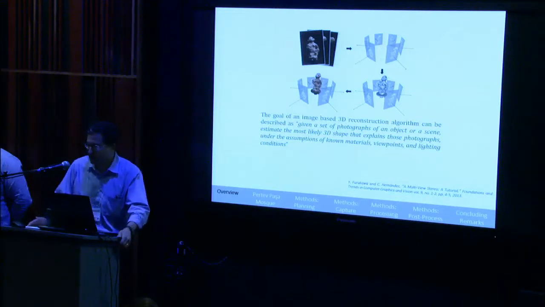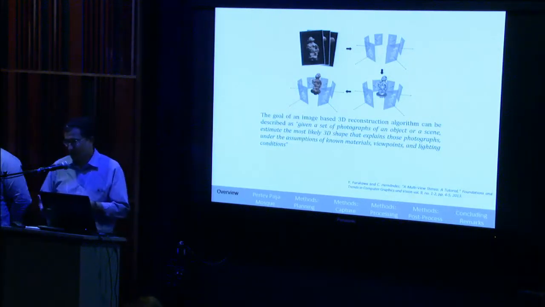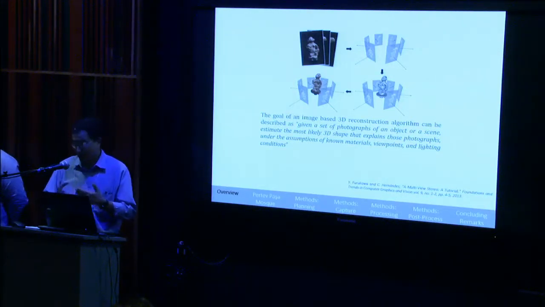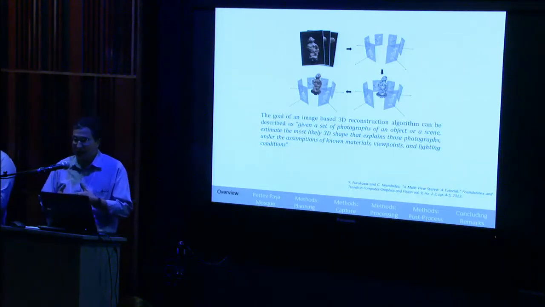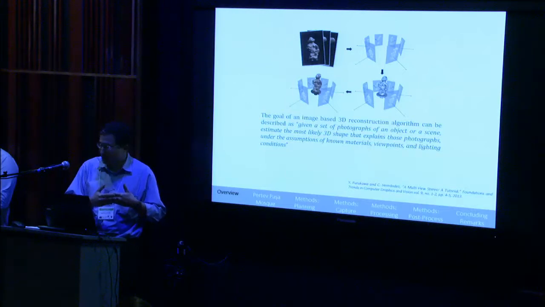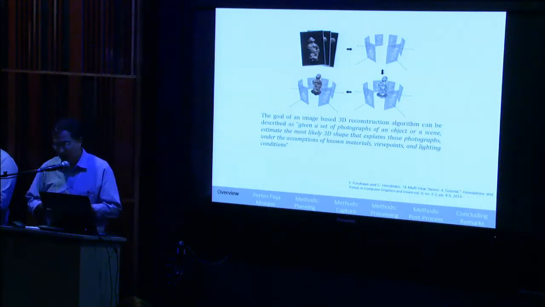So fundamentally, what we're talking about is two algorithms in contemporary 3D photogrammetry. The first one is what we call a structure from motion algorithm, and the second one is a multi-view stereo algorithm. The structure from motion algorithm takes a photograph, and based on the lighting and the physical parameters of the image, will determine the geometry of the camera and the location of the photograph relative to the position of the object.